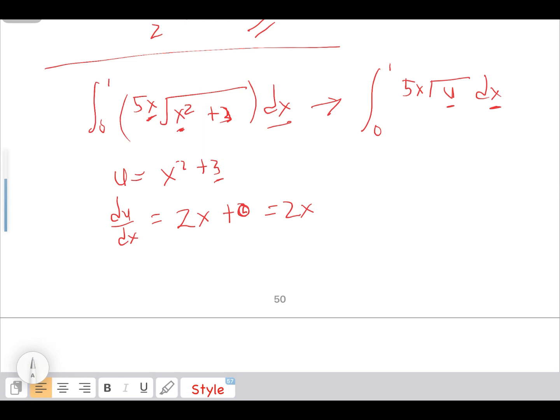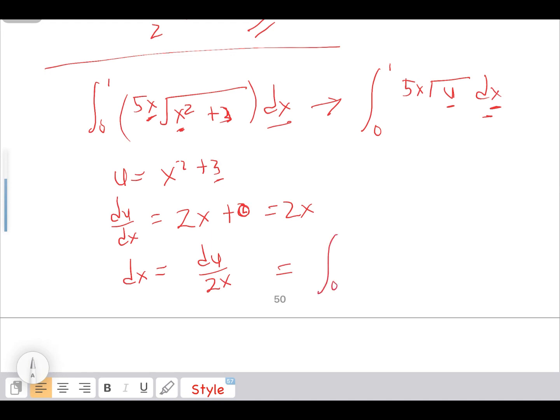When we get 2x, we can make dx the subject. When we make dx the subject, we get du over 2x. We can just replace it over here.